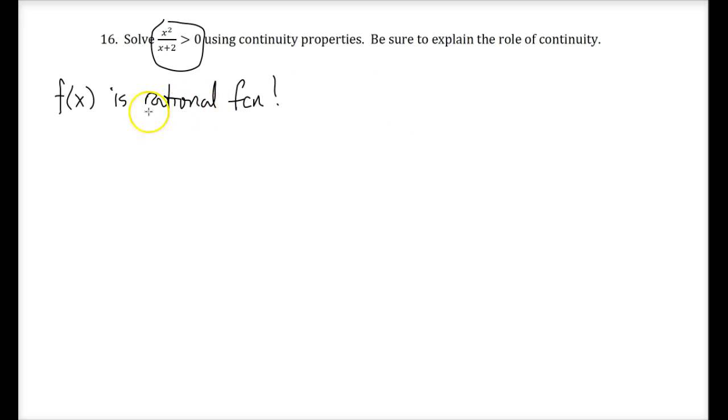So I'm just going to write this down so that for those of you that need to visually see it, this will help you.